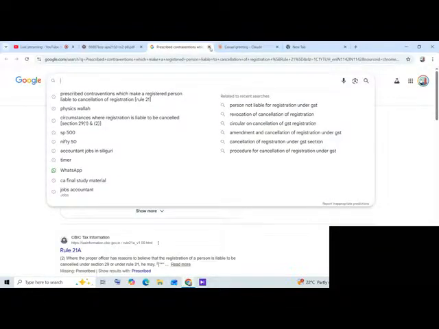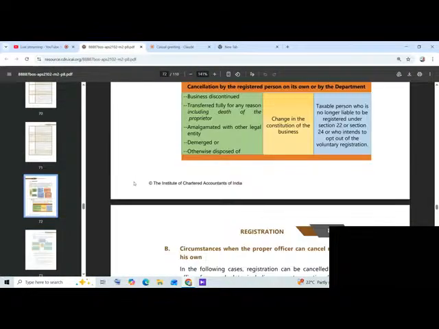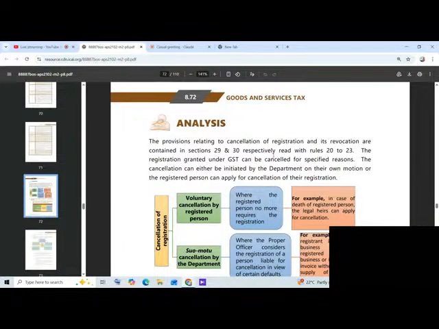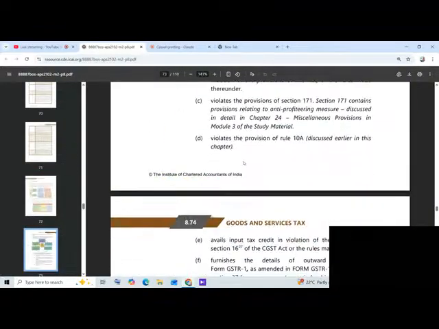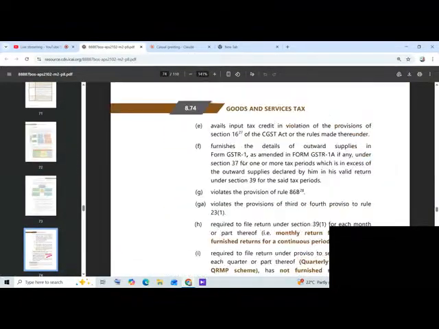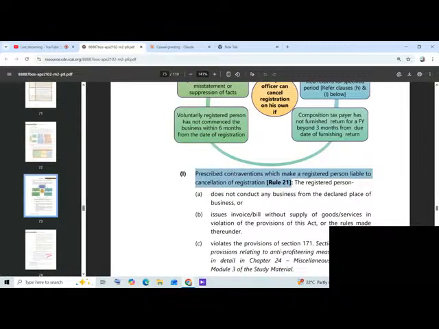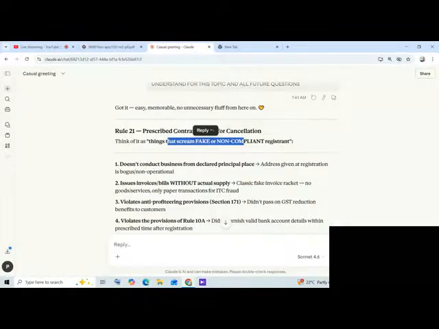The first was Section 29(1) and Section 29(2). And the second point here is the prescribed contraventions.